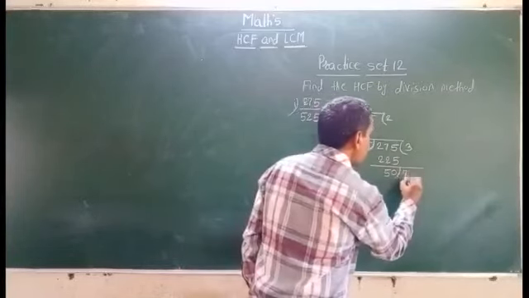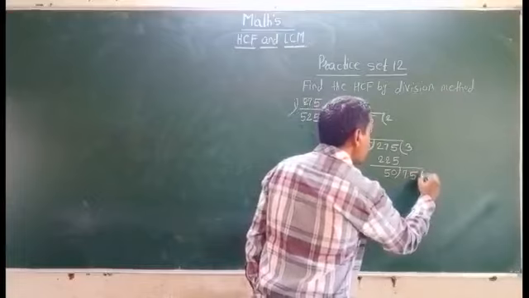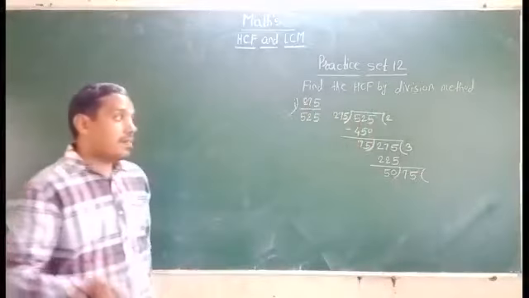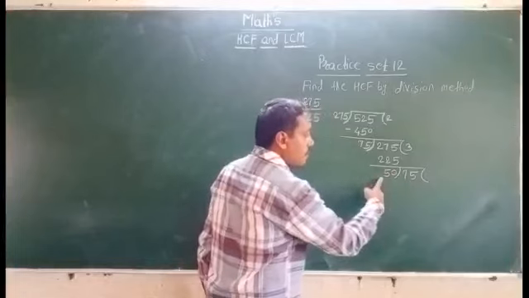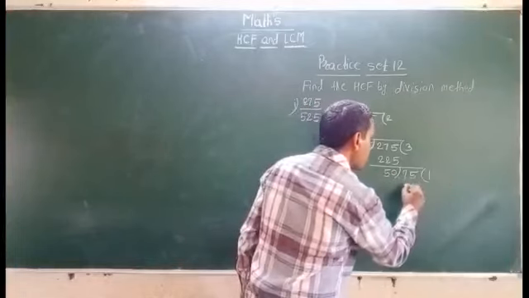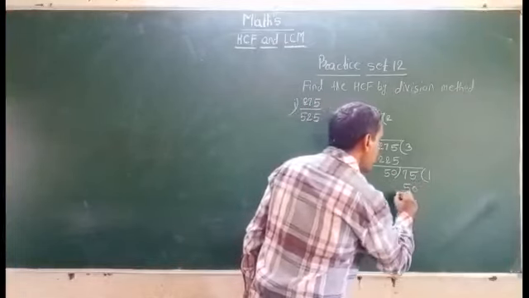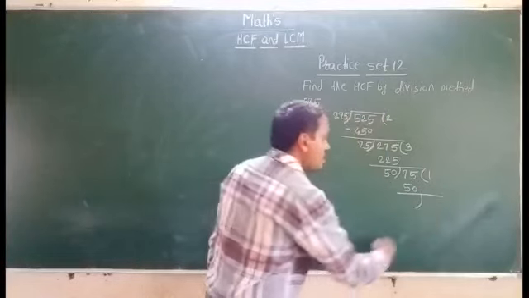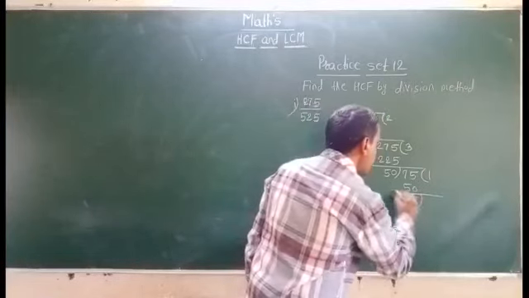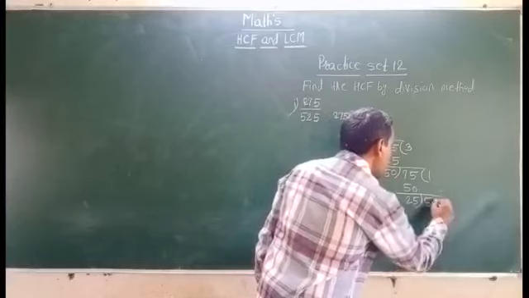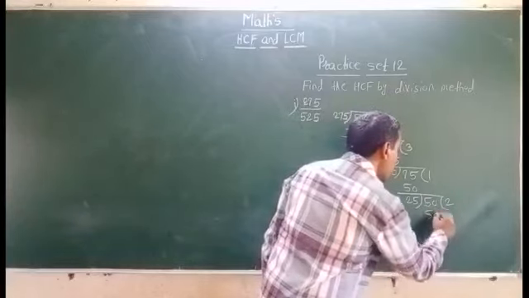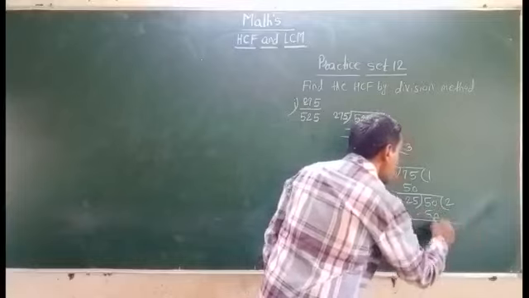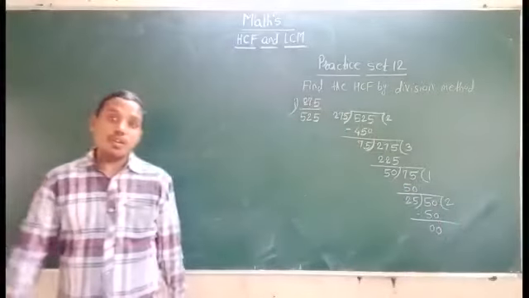We write down the 75 in here. We again divide that 75 by 50. So 50 ones are 50. We get the answer 25, and we write down the 50 in here, and 25 twos are 50. At the last there is a remainder 0.